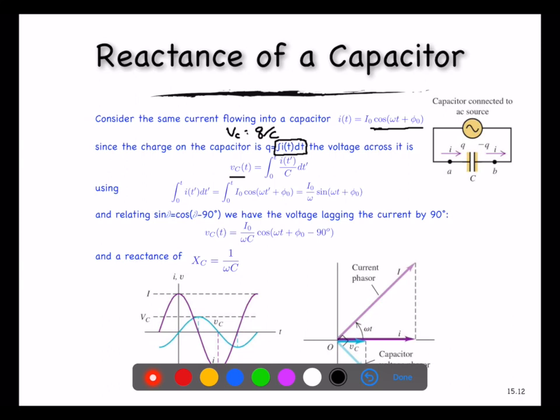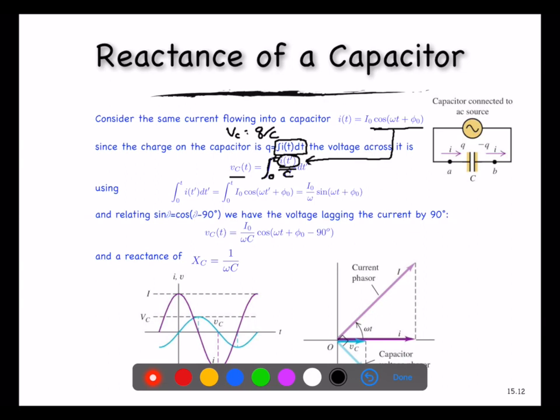So if it starts discharged and there's current flowing onto it, that current times however long it flows is how much charge we end up with. So we can integrate from t equals 0 to some time t the current flowing onto a capacitor divided by the capacitance. And of course, we'll just use this expression that we have for the alternating current.